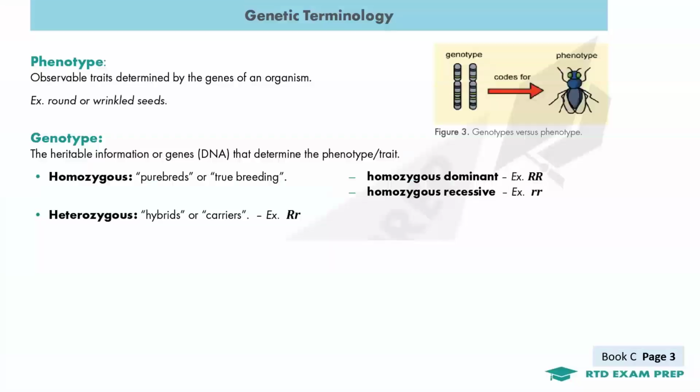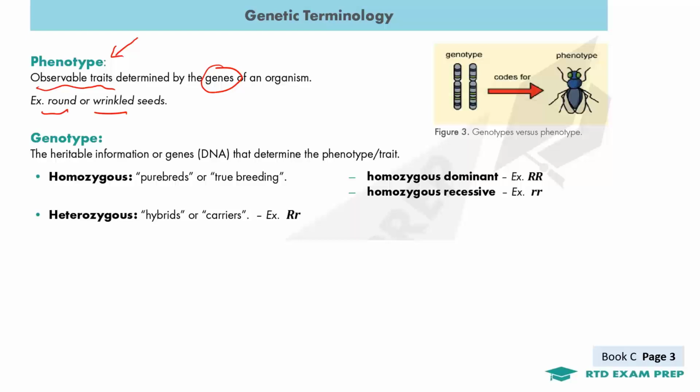As we move towards the application in our genetics unit, we need to understand some of the terminology. You've heard me use on the previous slide the word phenotype. It's something that you can see, an observable trait created by genes. Is it round or is it wrinkled if we were talking about seeds? Genotype, we're looking at the letters.